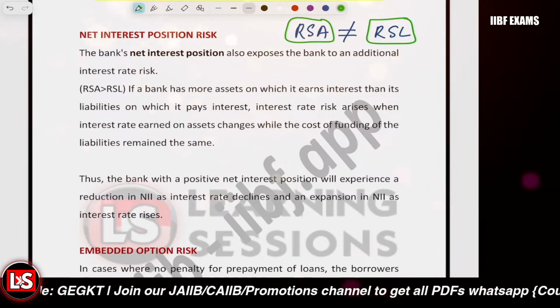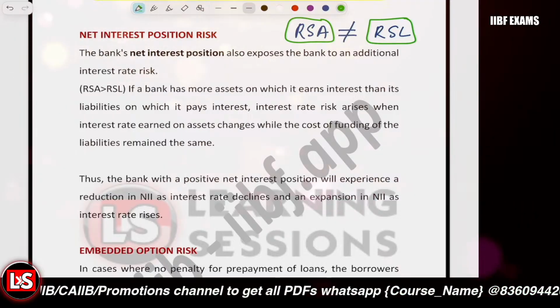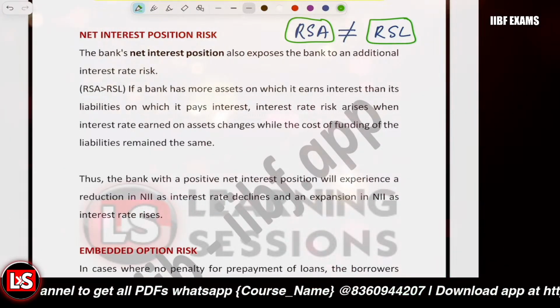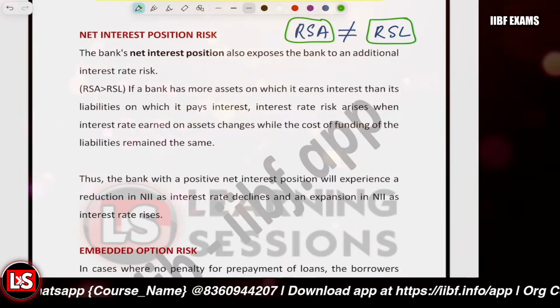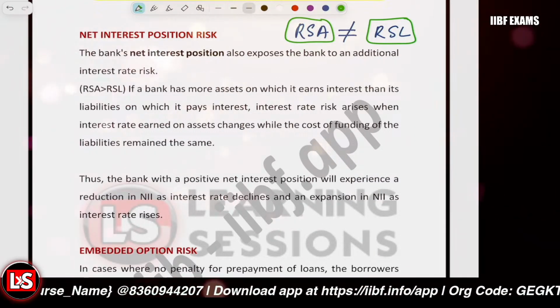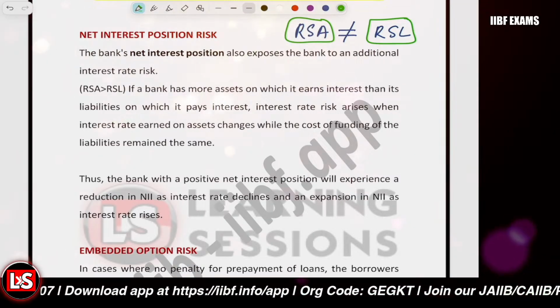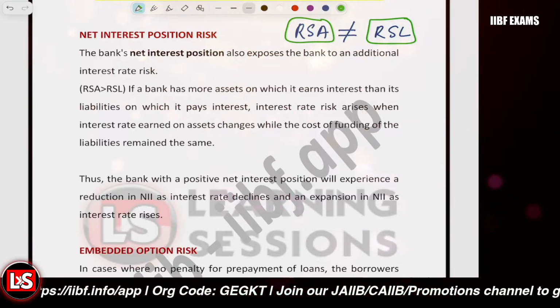So if a bank is having more risk sensitive assets as compared to the risk sensitive liabilities, right? So you can be earning much more interest on your assets as compared to the liabilities. Now, if the interest rate increases, you will benefit. But what if the rate of interest decreases, like we discussed in the case of the gap risk? So this is somewhat related to the RSAs and RSLs.